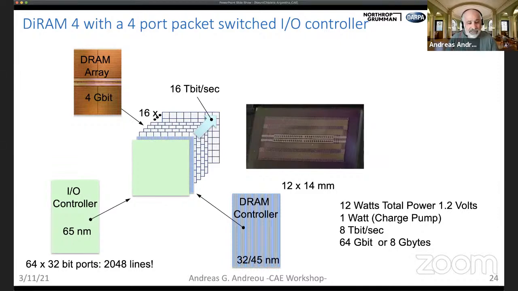So you can read and write in this memory in chunks of 32 bits, and you have 64 ports. This allows so much flexibility in allocating resources and data structures that it makes it a very powerful memory device, with a total aggregate throughput of about 4 terabits per second, and a total memory of 64 gigabit or 8 gigabytes.